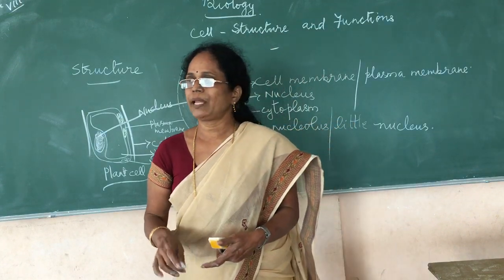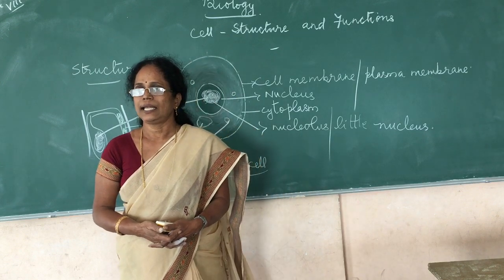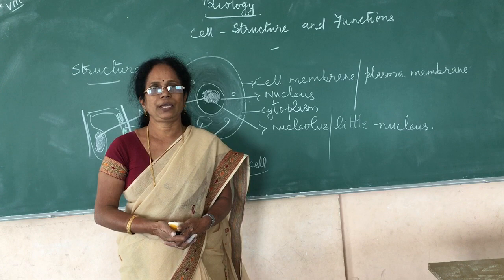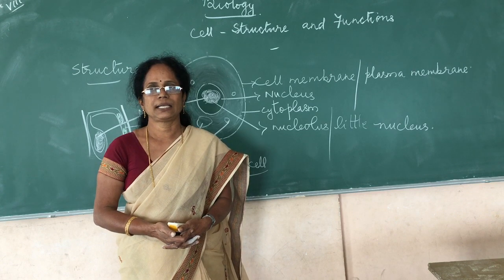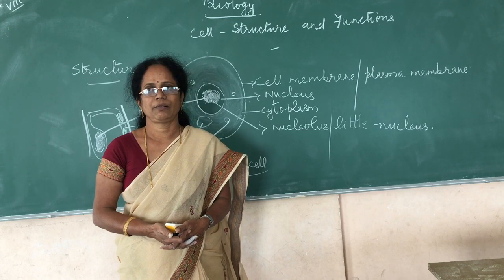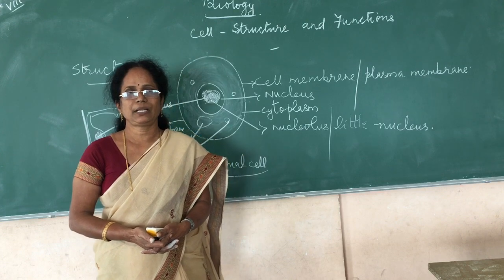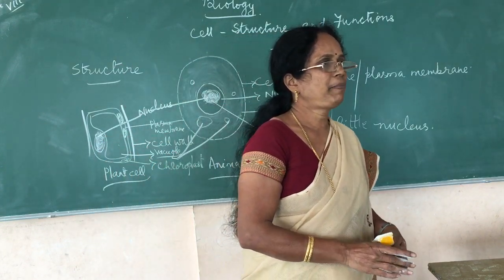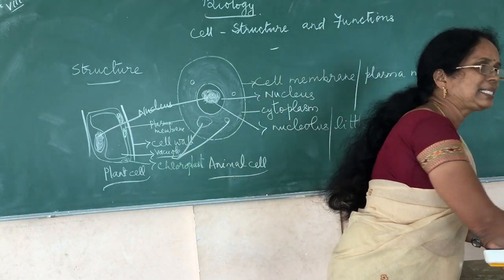The green pigment present in the leaves, in the cells of plant bodies, is called chlorophyll. The red pigment present in our blood, what is it called?